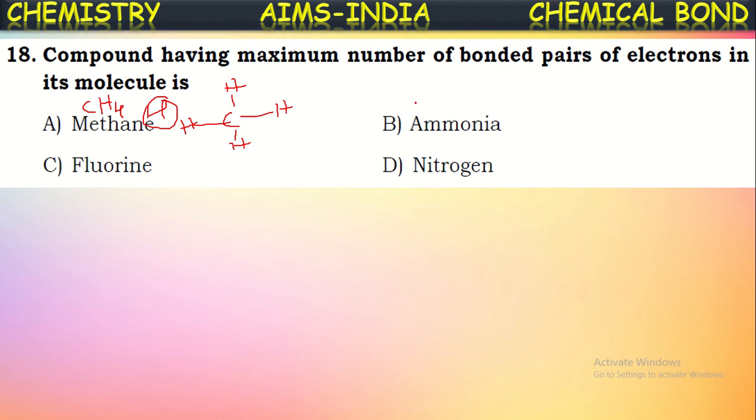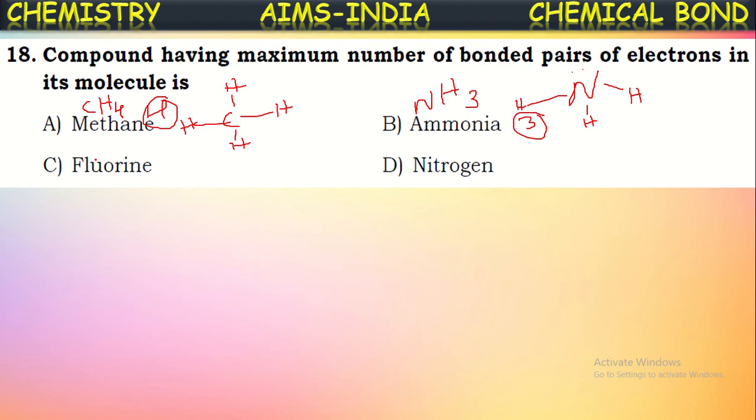If you see the ammonia molecule, its molecular formula is NH3. The central atom is nitrogen. It is connected to 3 hydrogens and there is one lone pair of electrons on the nitrogen. Now the number of bond pairs in the ammonia molecule is 3.